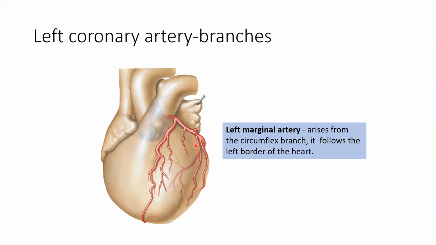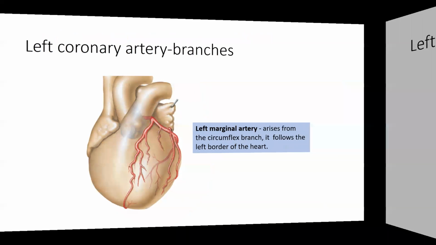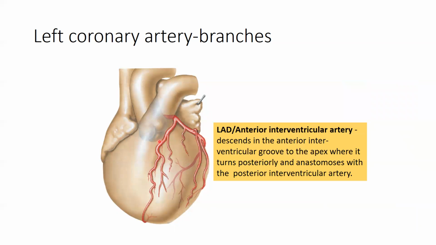It follows the left border of the heart. LAD, left anterior descending or anterior interventricular artery, descends in the anterior interventricular groove to the apex, where it turns posterior and anastomoses with the posterior interventricular artery.